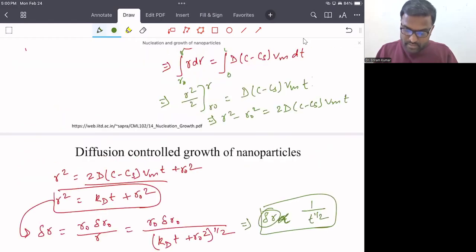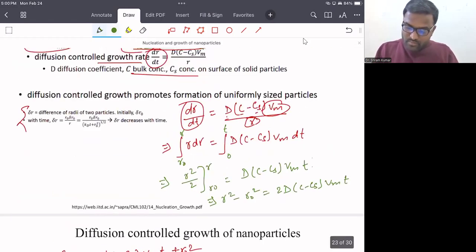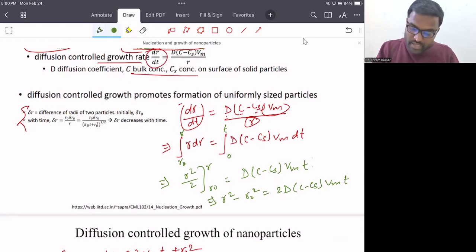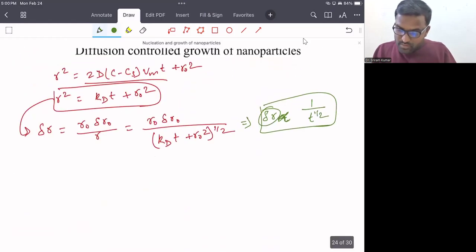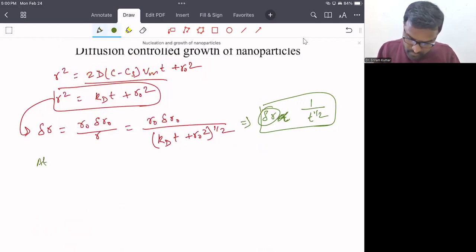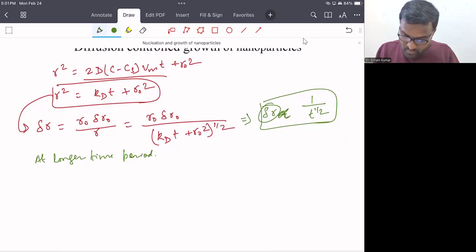Initially you have different sizes, but after some time, diffusion control growth promotes the formation of uniformly sized particles, because at the longest time period we have a very small difference in the delta r values.